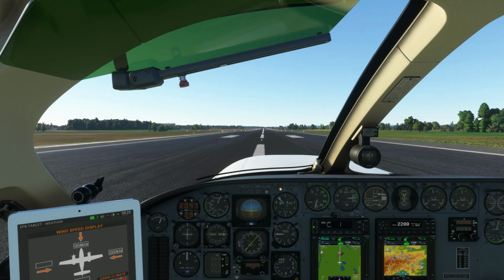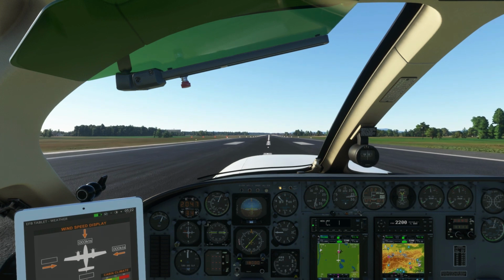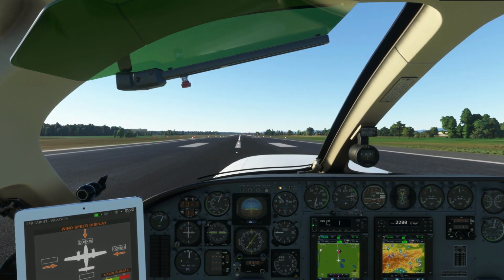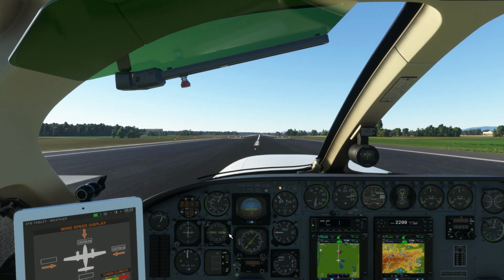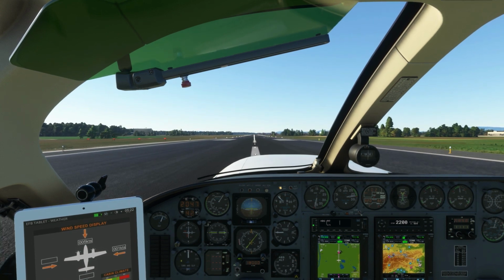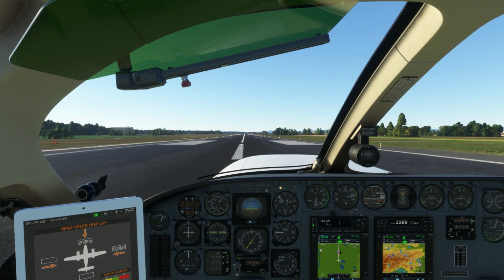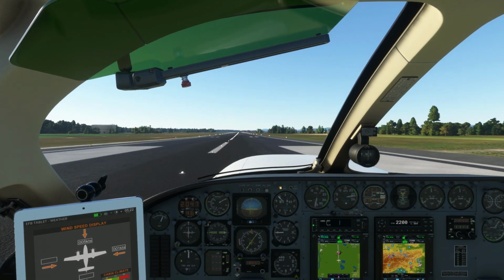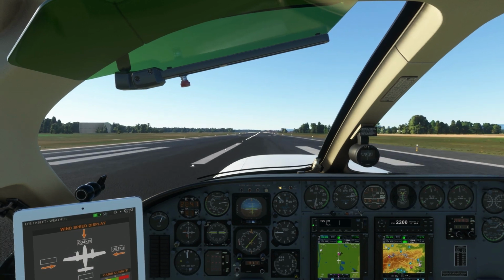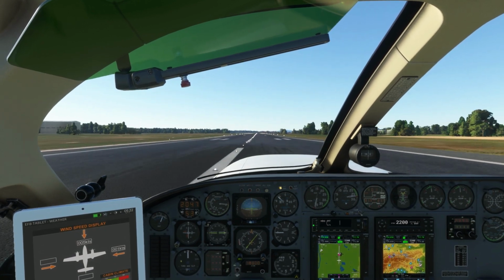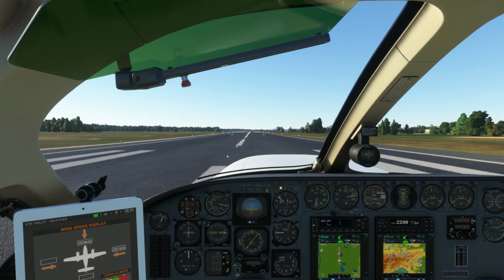I'm slowly going to full. Now let's see if I can manage to hold this as much as possible on the center line. It's not like I'm being monitored here and my license will be void if I don't.